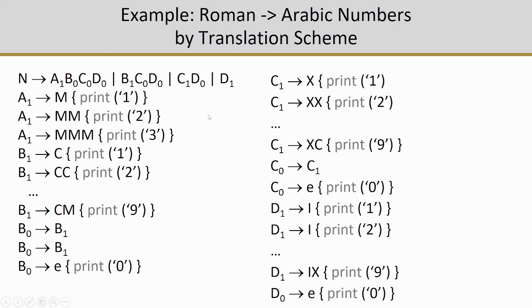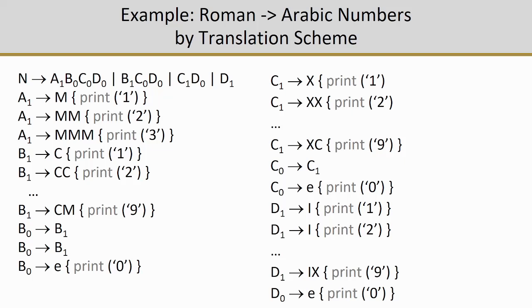M represents 1000, 2 M's 2000, and 3 M's 3000. And if we have thousands, we start here. We have to distinguish whether the number contains thousands, hundreds, tens, or just a single digit, because in Arabic numbers we have to place zeros for the position where no number is available in the Roman number.